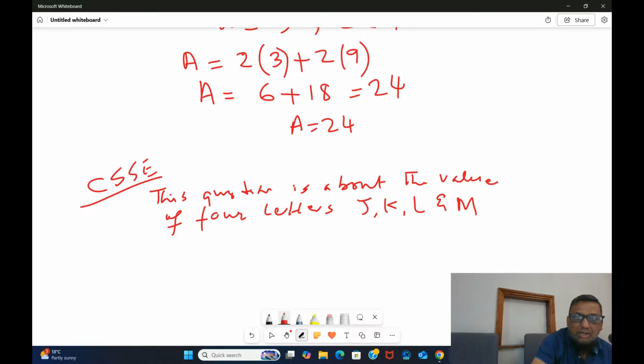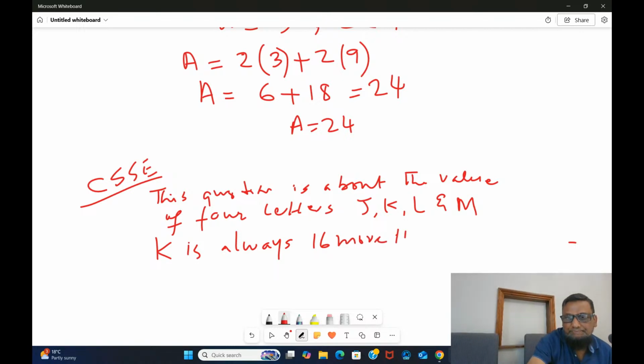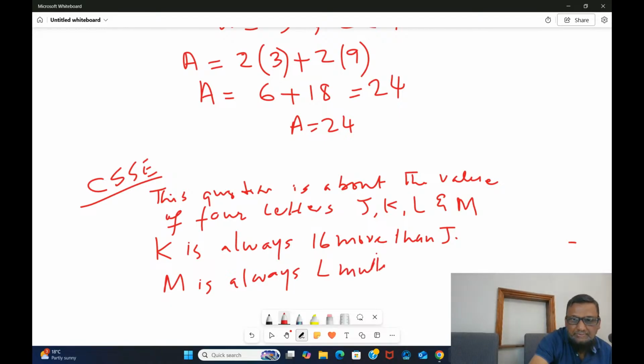Now they give you some conditions. It says K is always 16 more than J. M is always L multiplied by 2.